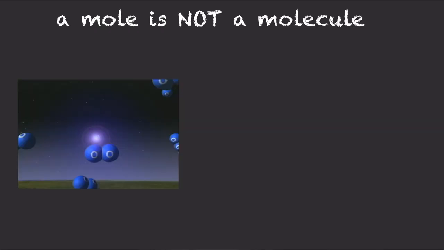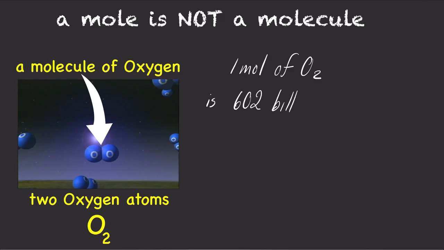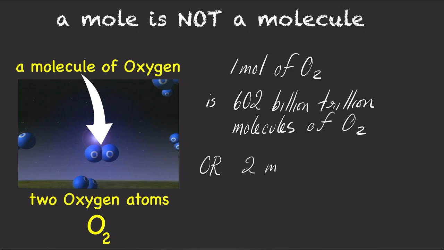For example, a molecule of oxygen has 2 oxygen atoms, and a mole of oxygen would have 602 billion trillion molecules of oxygen. So, 1 mole of oxygen molecules actually has 2 moles of oxygen atoms.